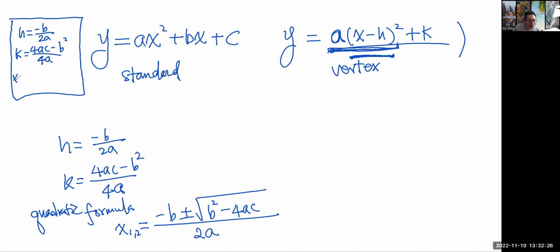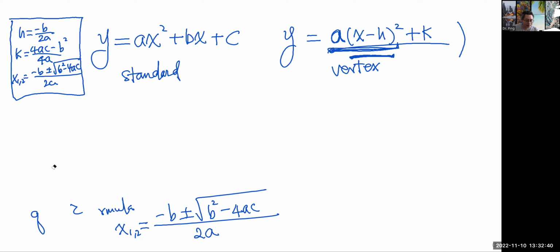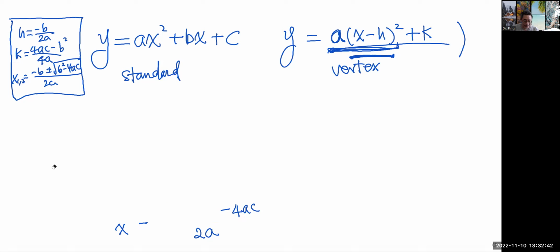Then x1, 2 is minus b plus or minus the square root of b squared minus 4ac, over 2a. Okay, now we're going to do that. We know these two forms.